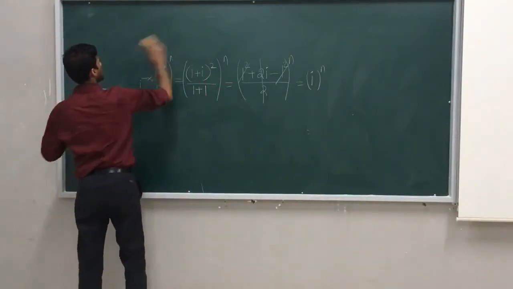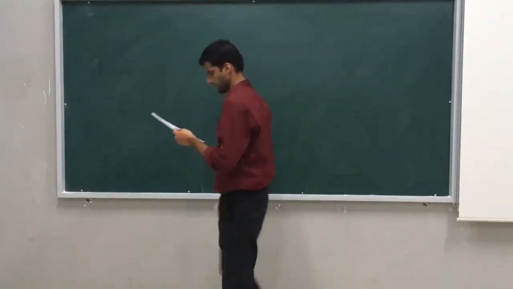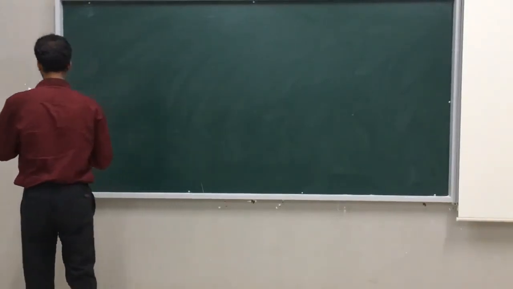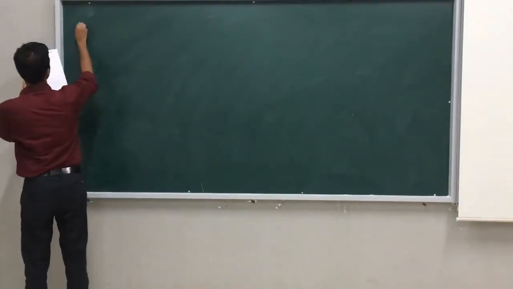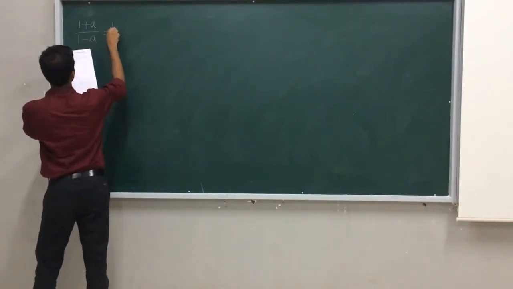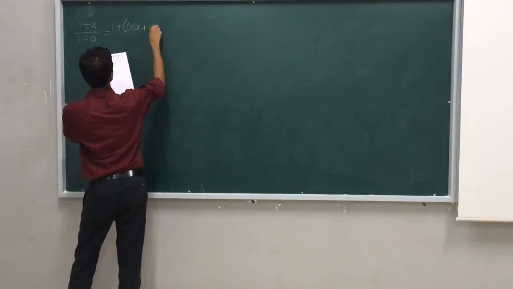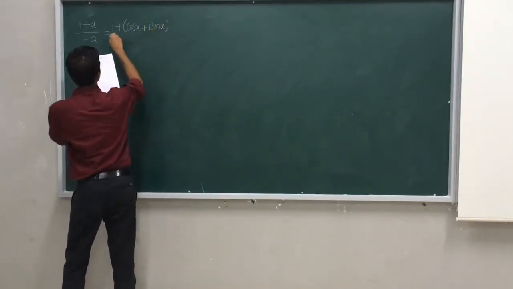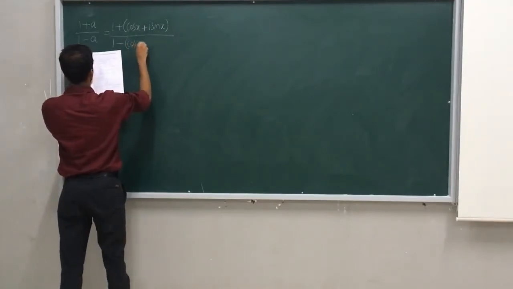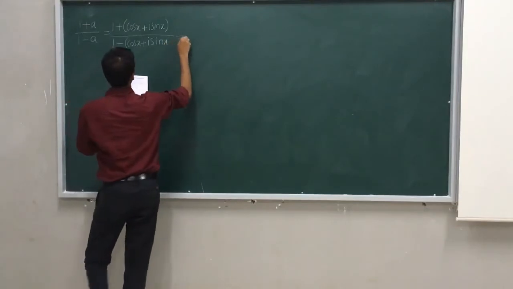Now we will move on to the next question. In the next question, what is given is, if A is cos x plus i sin x, what is the value of 1 plus A divided by 1 minus A? So I want 1 plus A divided by 1 minus A. Given A as cos x plus i sin x, I'll rearrange it.